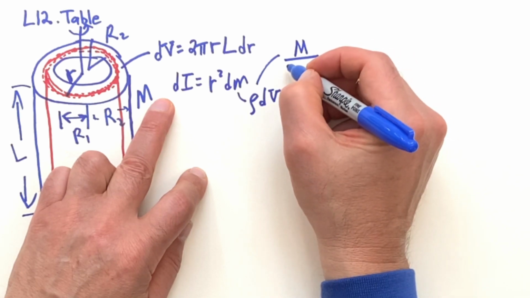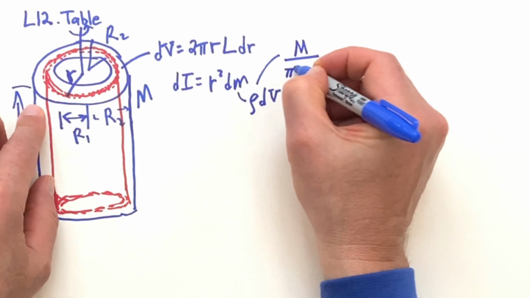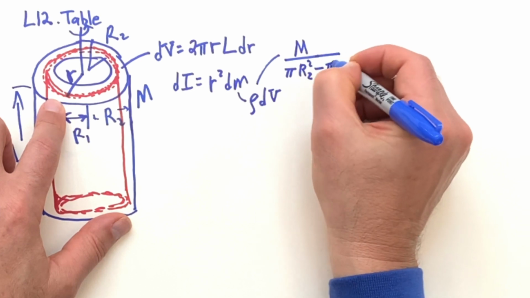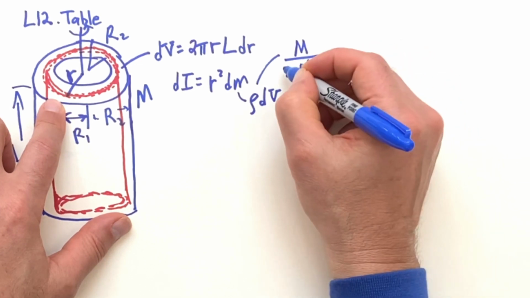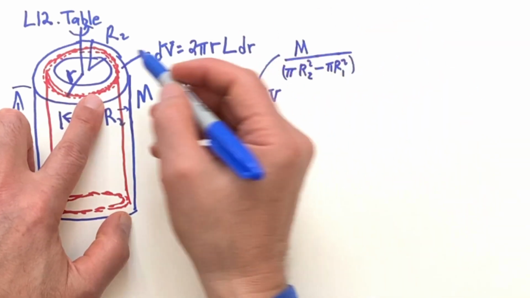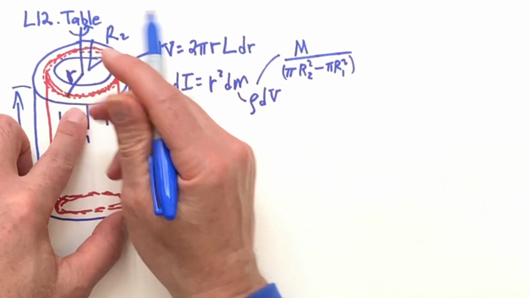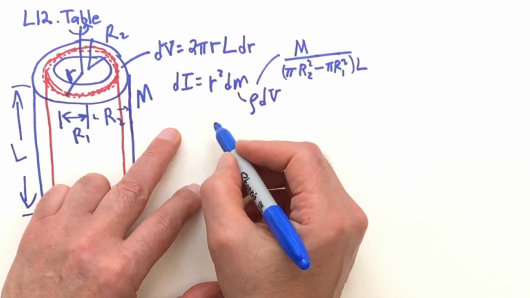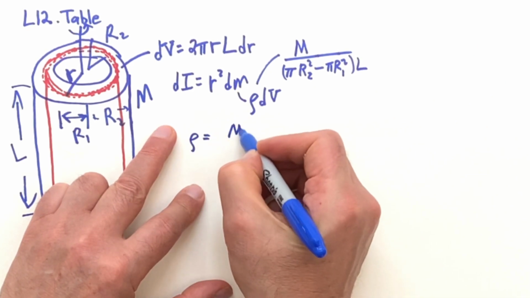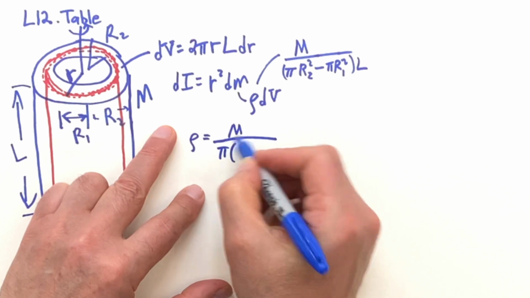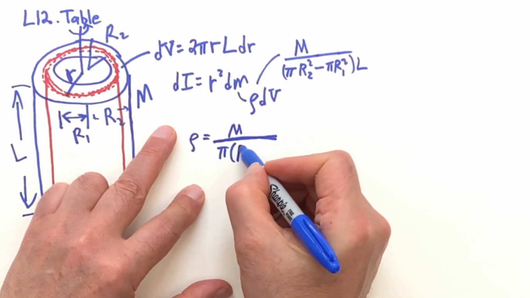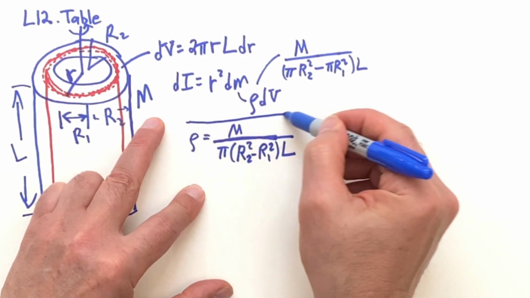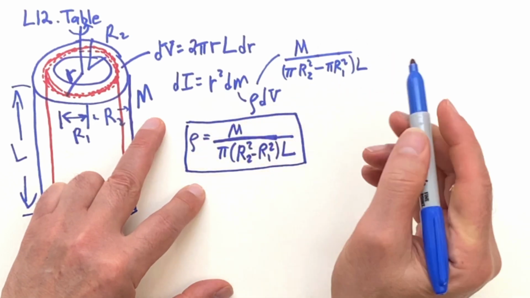Now the total volume is pi R2 squared minus pi R1 squared, which gets us the area, and then multiply by the length L. So rho is M divided by pi, times R2 squared minus R1 squared, times L. So this is the density.